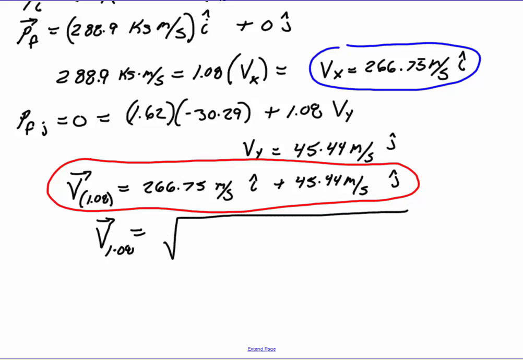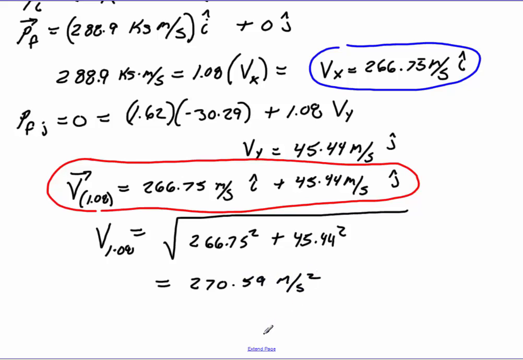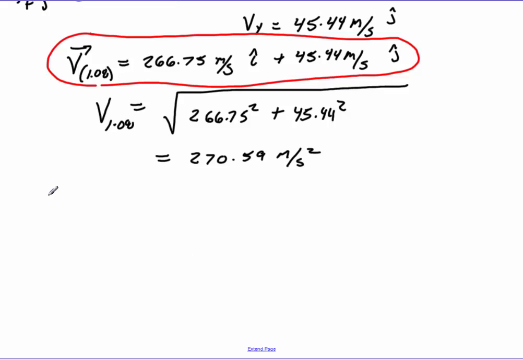Actually, I'll take out the vector because I'm not going to do the angle. Let's find the magnitude. That's going to give me 266.75 squared plus 45.44 squared. We take the square root of that, and we'll get a value of about 270.59 meters per second.